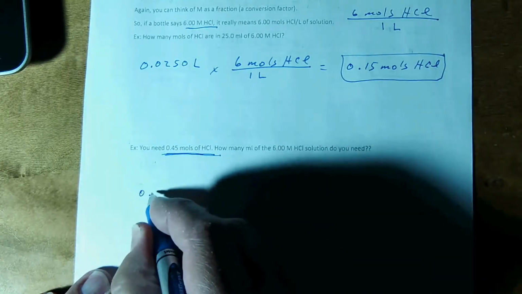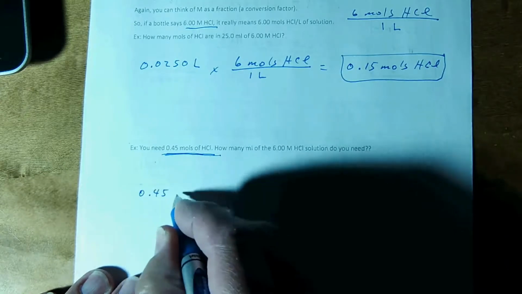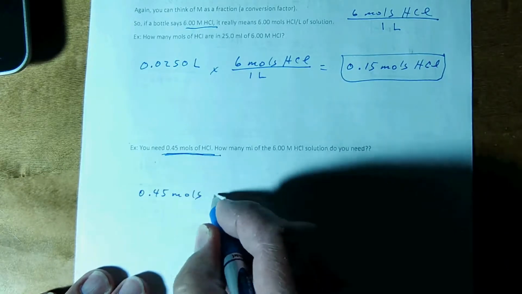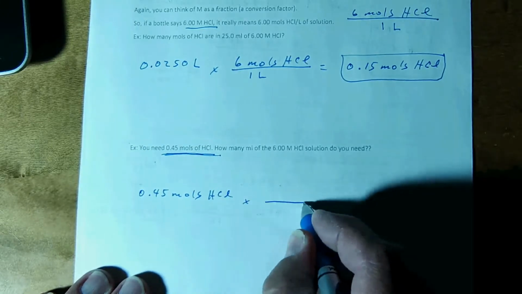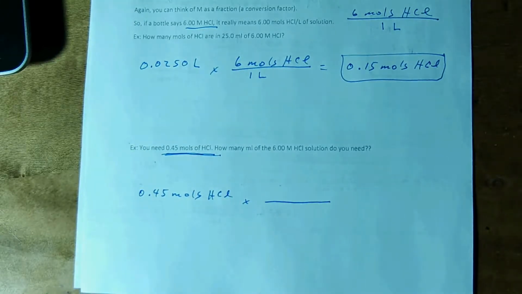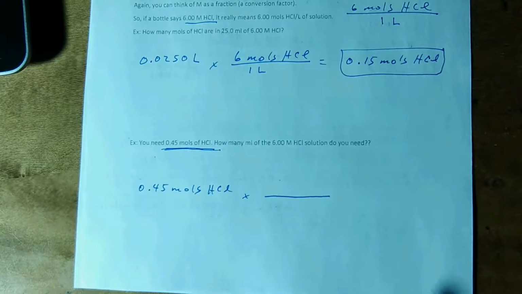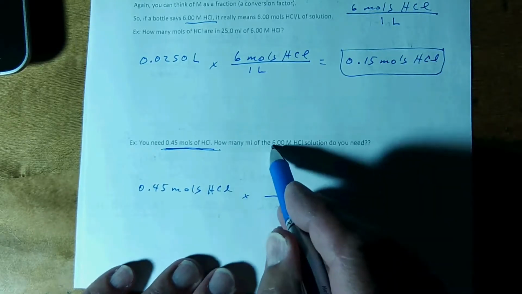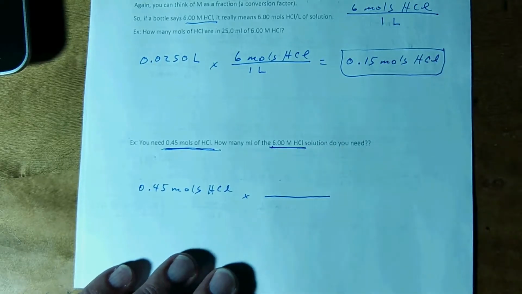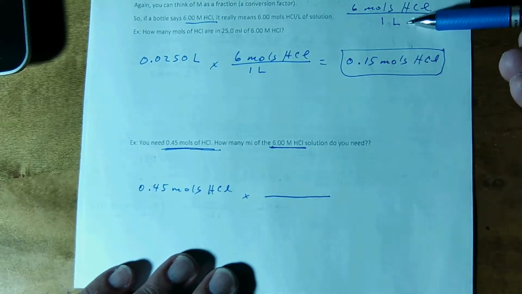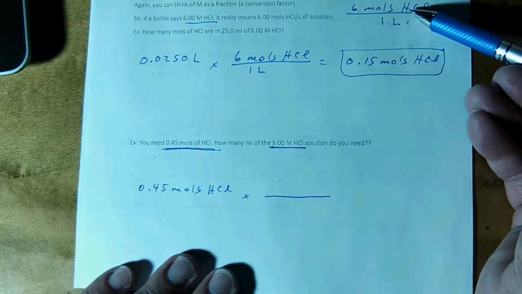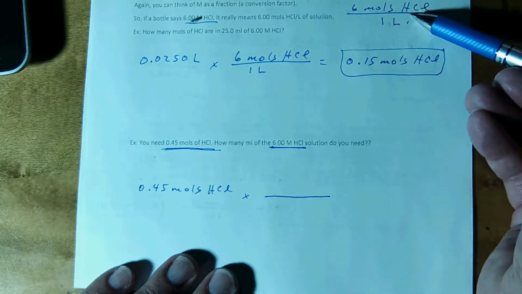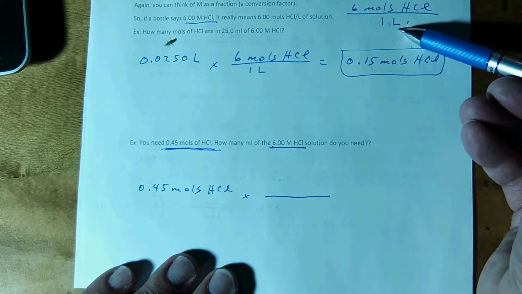Here's 0.45 moles of hydrochloric acid. You need a conversion factor here, right? That guy means this. 6 moles per 1 liter.